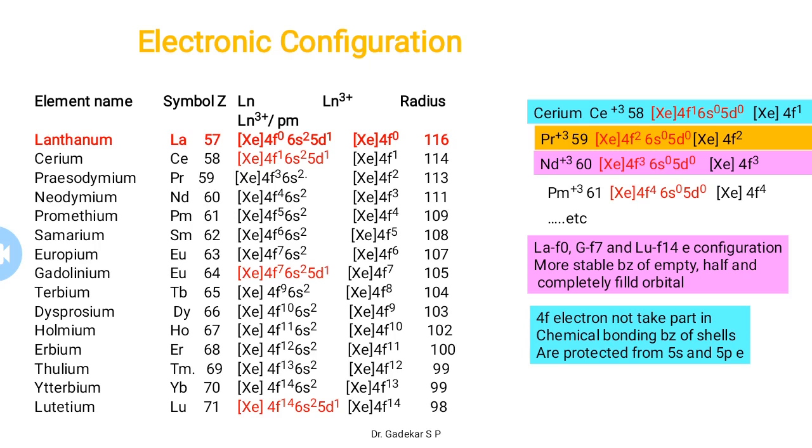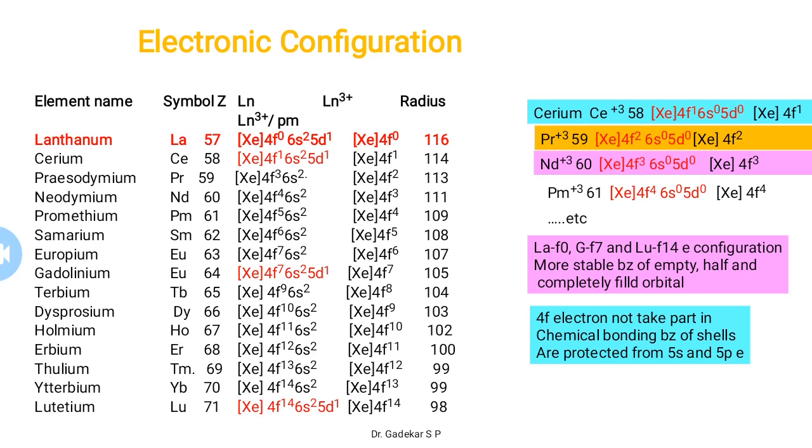Okay, so this is the electronic configuration of lanthanum: xenon 4f0 6s2 5d1. Lanthanum is not a part of the f-block elements because the f orbital contains 0 electrons, and lanthanum is a part of the d-block elements.